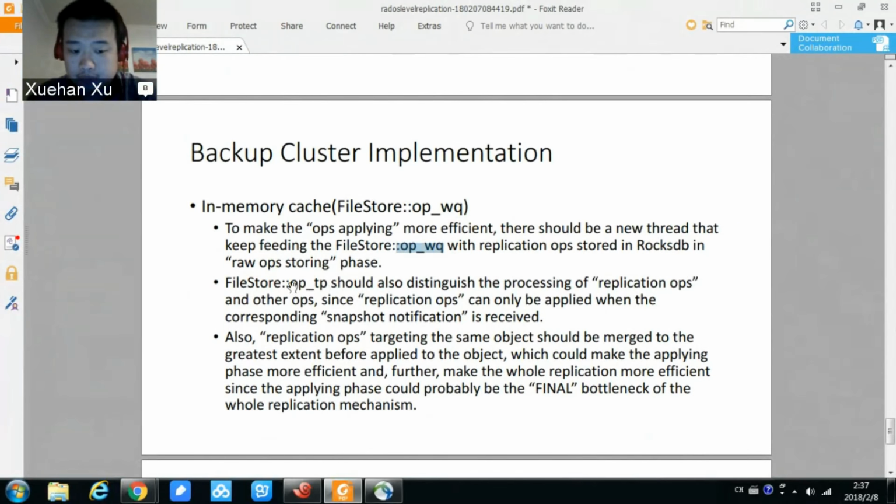And the current file store's working thread pool should also distinguish the processing of replication ops and other ops, since replication ops can only be applied when the corresponding snapshot notification is received.